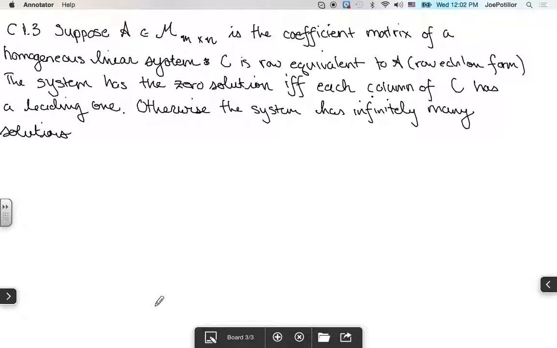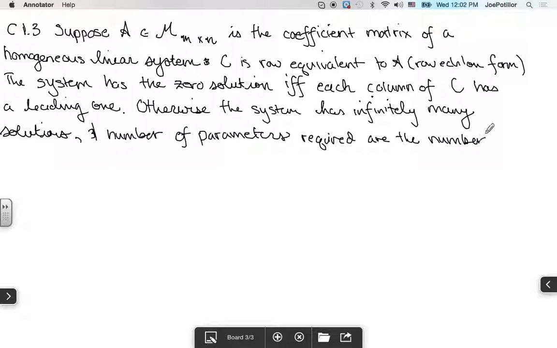So you see, otherwise, the system has infinitely many solutions, and the number of parameters required is the number of columns that do not have a leading one in it.